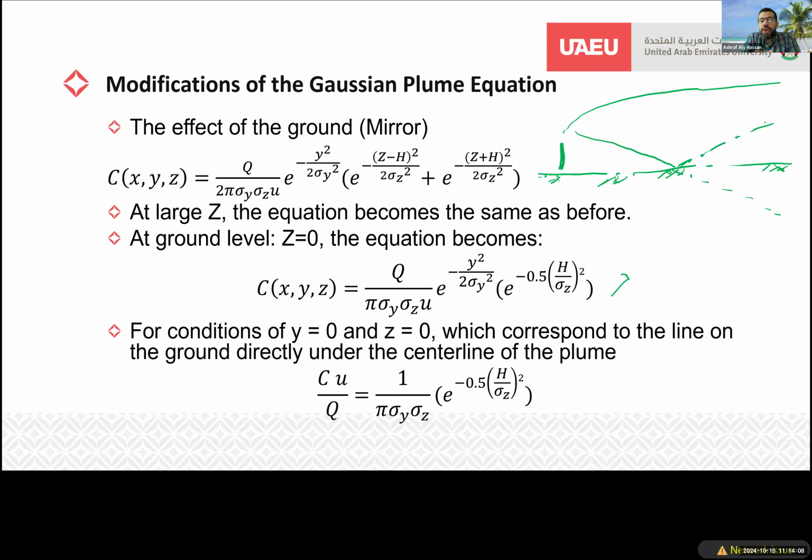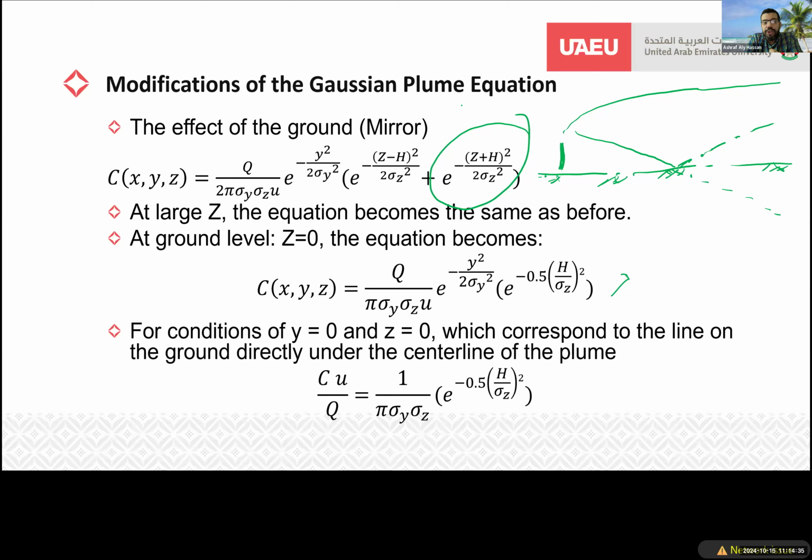So now we have to add another term in the equation to account for this mirroring effect. Doing this, we add a part here where we account for the mirroring. So we can use this more general equation rather than the one that we had before.